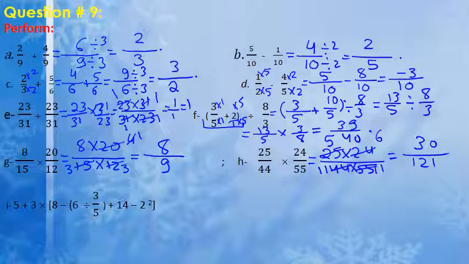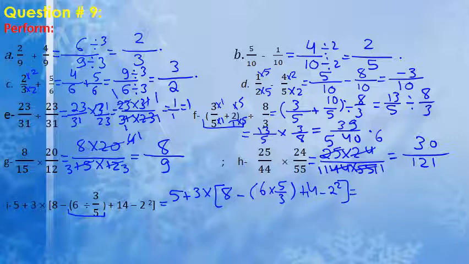Here we apply rules of order of operation. We start with this parenthesis. So we write 5 plus 3 times 8 minus 6 times 5 over 3. We change division into multiplication. Plus 14 minus 2 squared.